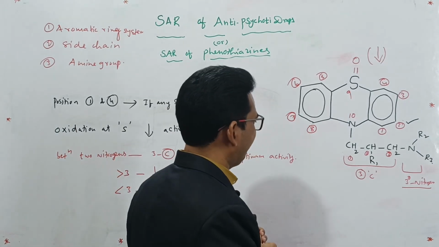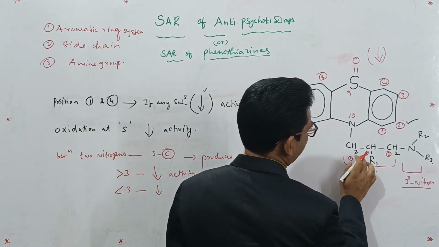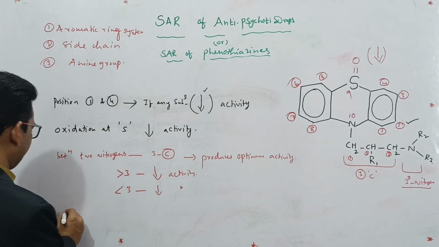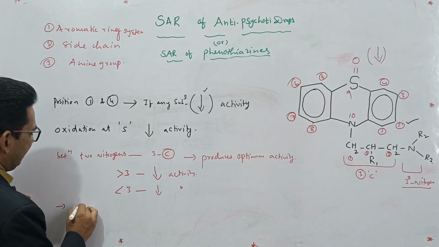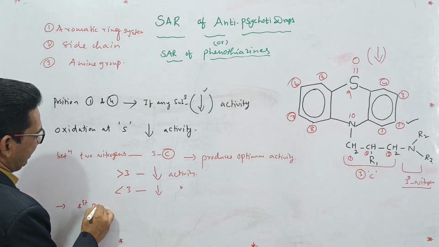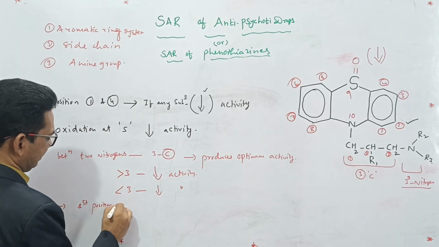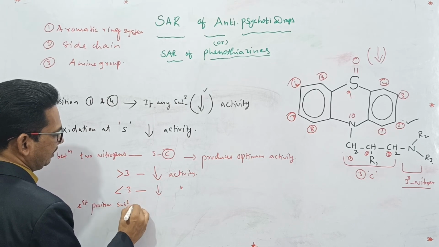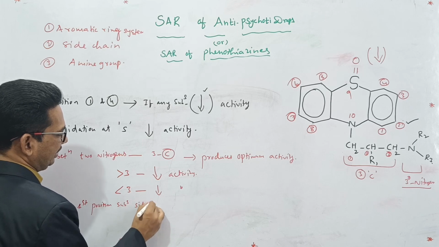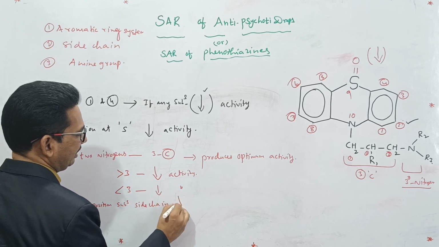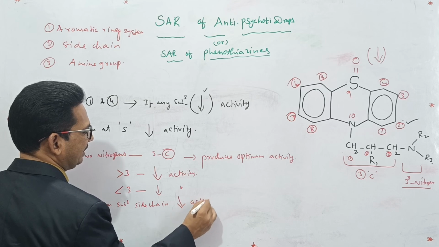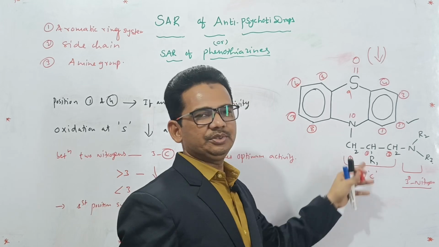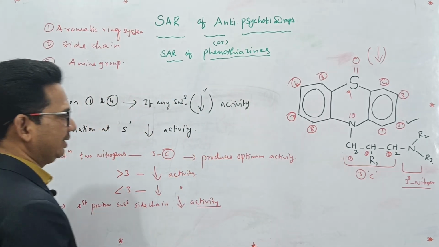But if you do any substitution on the first position in the side chain, remember that, first position substitution in the side chain decreases the activity. It's clear? Any substitution at this position decreases the activity.